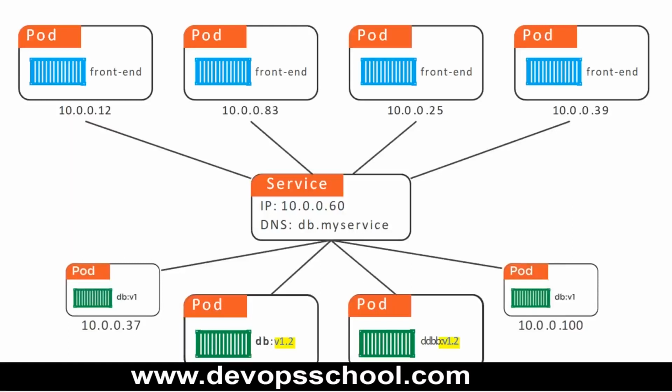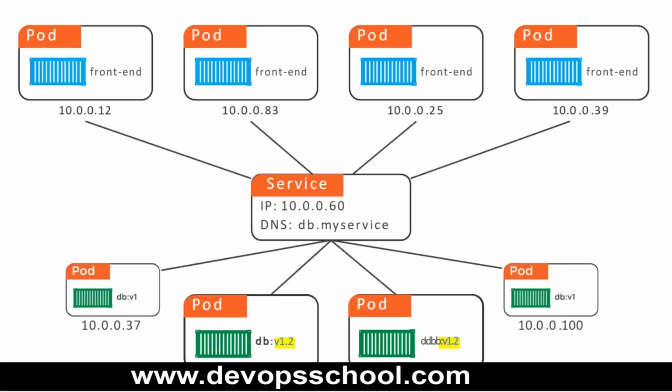Okay, now there is a problem here. Look at this. The service has four pods. Two pods are V1 and two pods are V1.2. Same problem which we discussed earlier: one is a deployment and another is a new deployment. So now you have two different kinds of containers and pods running and resolving to the same service.